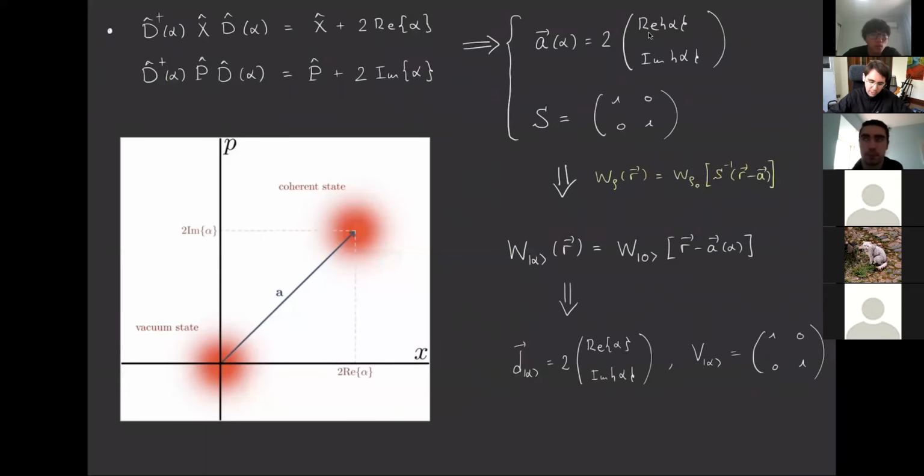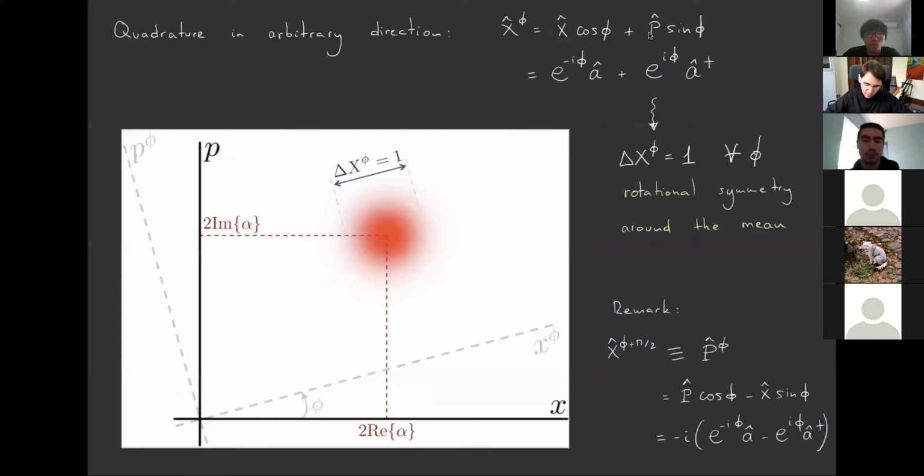So what we saw as well is that these are Gaussian states, and these are Gaussian states whose Wigner function is essentially the one of vacuum, but displaced to the position that we chose with the displacement, okay? With 2 times the imaginary part in the momentum and 2 times the real part in the position of this parameter alpha. Then I quickly told you something very interesting about them, which is that just like vacuum, they are rotationally invariant around the mean, okay?